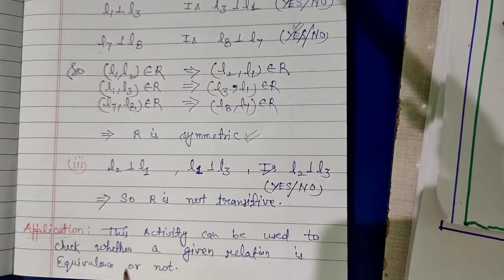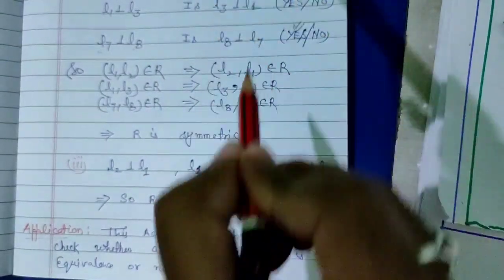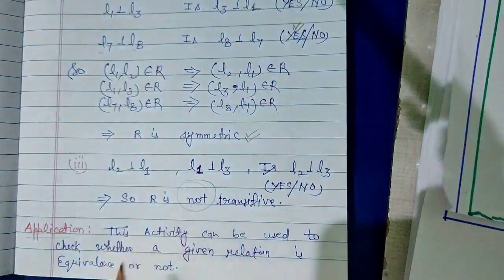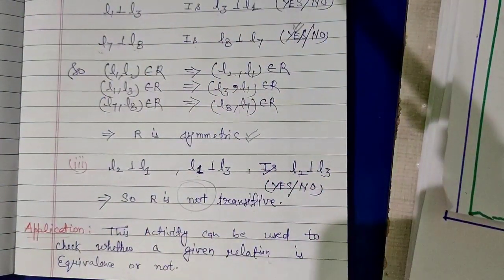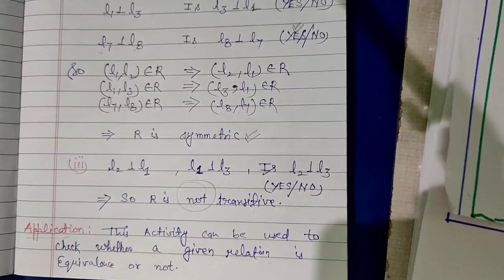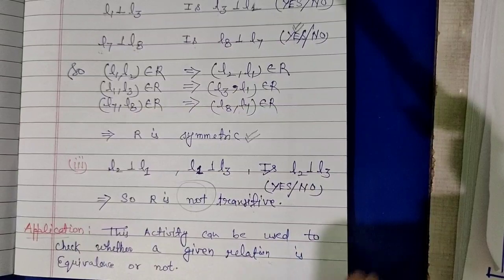As you have seen in the above observations, one was not yes, and here it is also not. If all three would be yes, then it would be an equivalence relation. So in this way you can represent your activity.